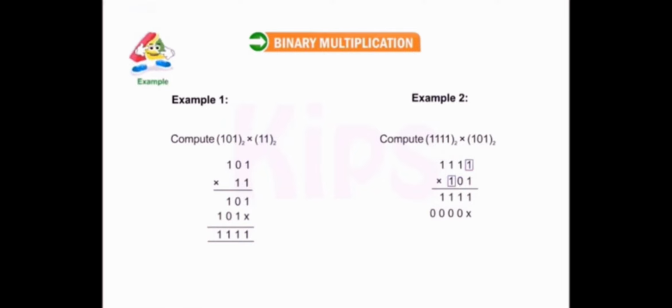And the last 1 into 1 gives 1, for each of the four digits. Now adding, we get 1. 1 plus 0 is 1, 1 plus 0 plus 1 is 0 carry 1, 1 plus 0 plus 1 is 1 carry 1, 0 plus 1 is 0 carry 1. Carry 1 plus 1 is 0 and 1.